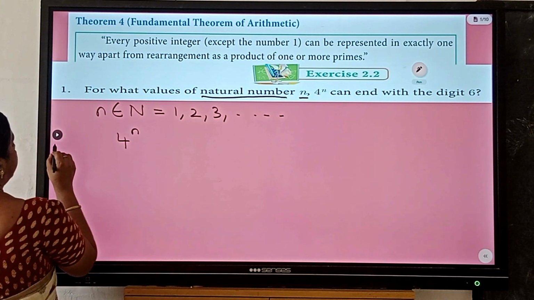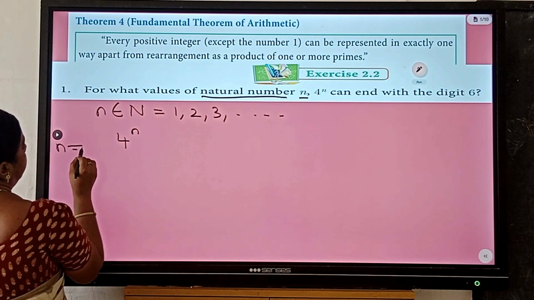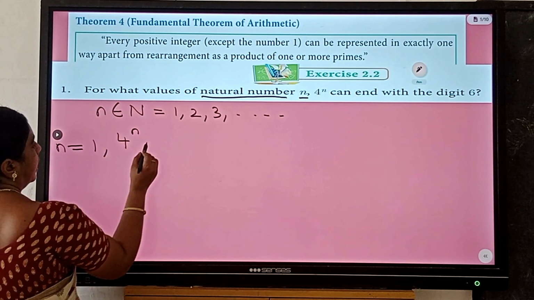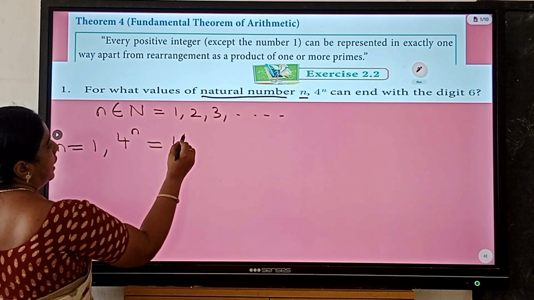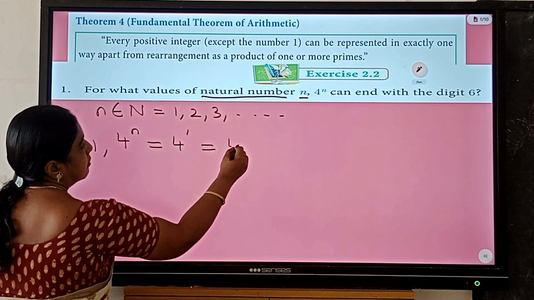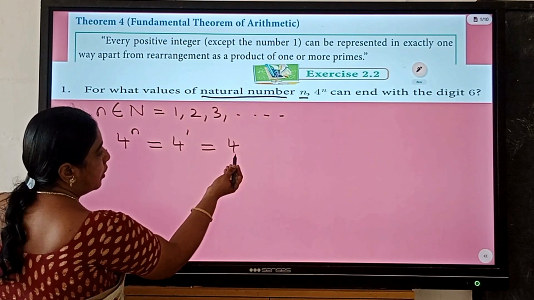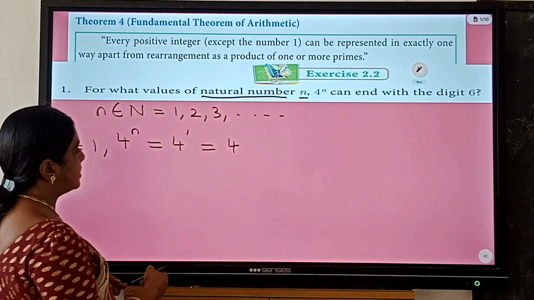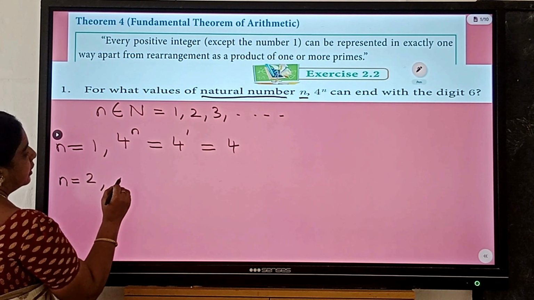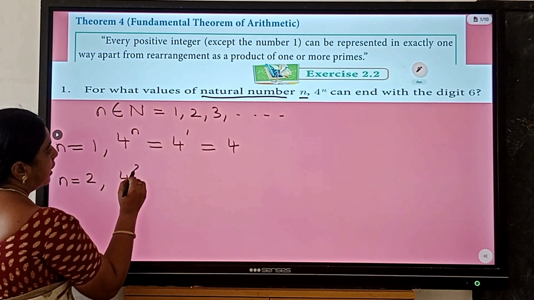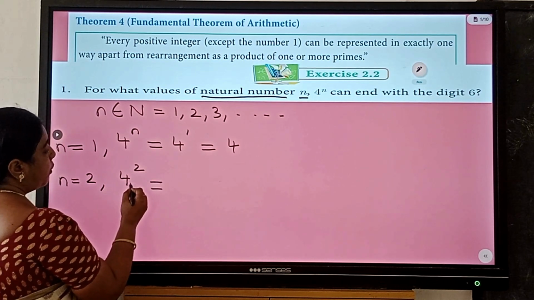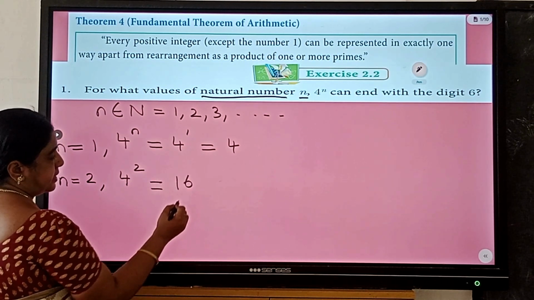When n is 1, 4 power n becomes 4 power 1, which is 4, so it is not ending with 6. When n is 2, 4 power 2, that is 4 square, is 16.